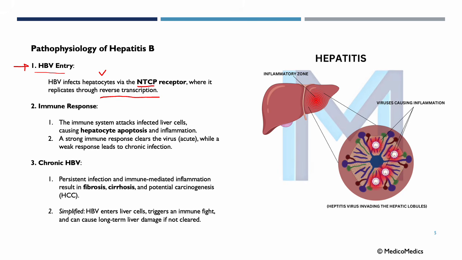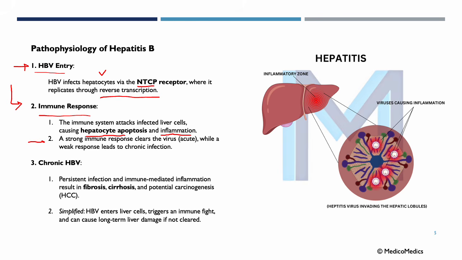Once the virus has entered and is replicating, there will be an immune response. The immune system then attacks these infected liver cells, leading to hepatocyte apoptosis, meaning programmed cell death, more specifically liver cell death. And we will then see inflammation.